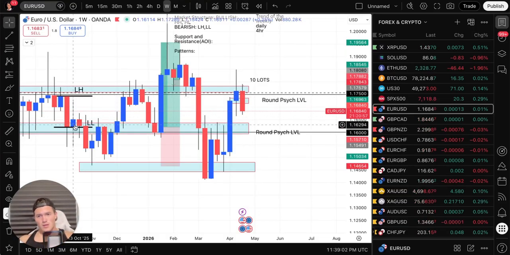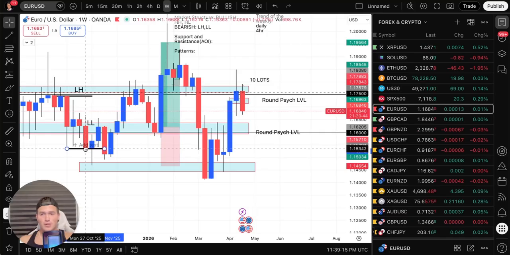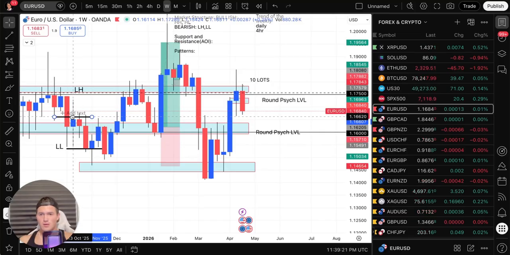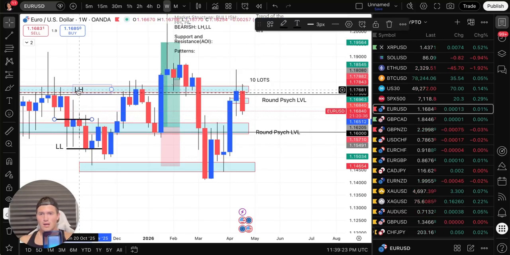So we have a lower high, our lower low came up a little bit here, broke below this lower low, now shifting the market even more bearish, creating a new lower low and a new lower high.